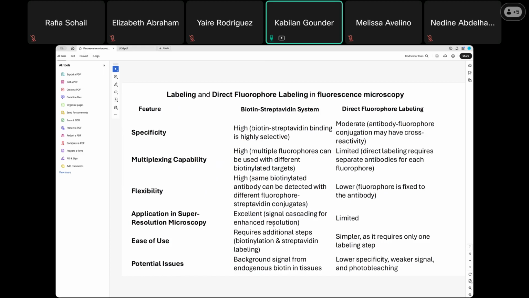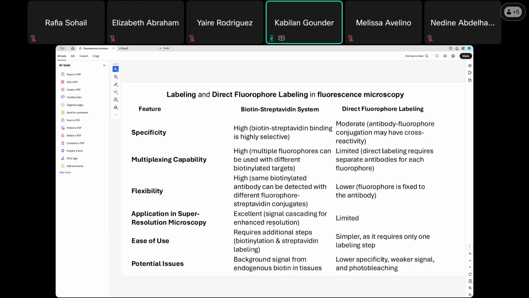Multiplexing capacity in the biotin-streptavidin system is very high, because multiple fluorophores can be used with different biotin-related targets. That's an advantage. Whereas here it's limited, because direct labeling requires separate antibodies for each fluorophore.